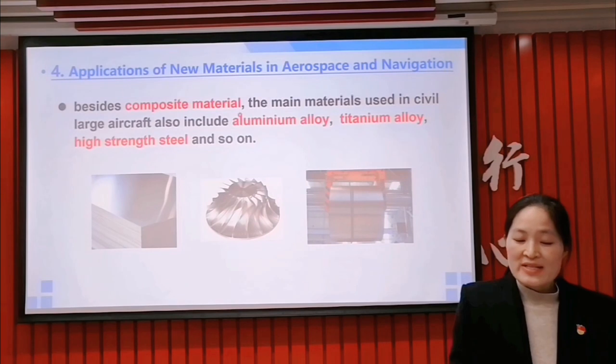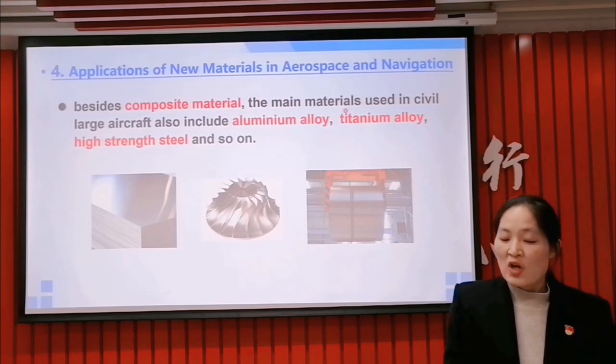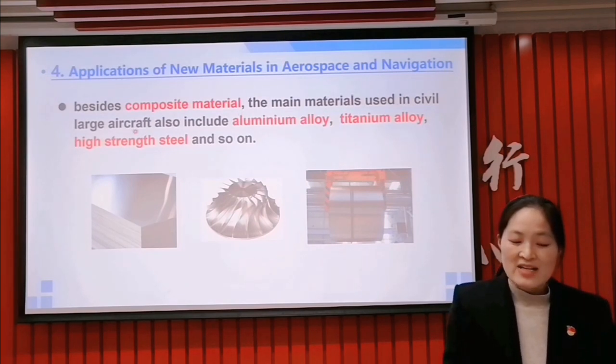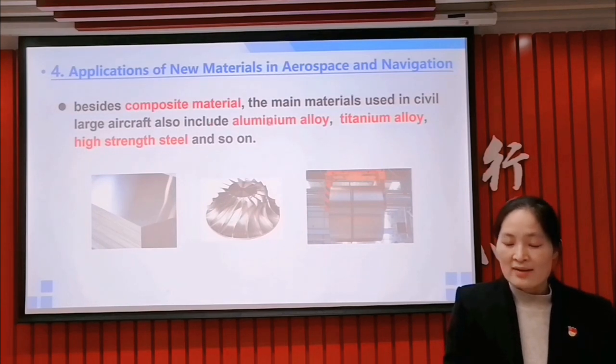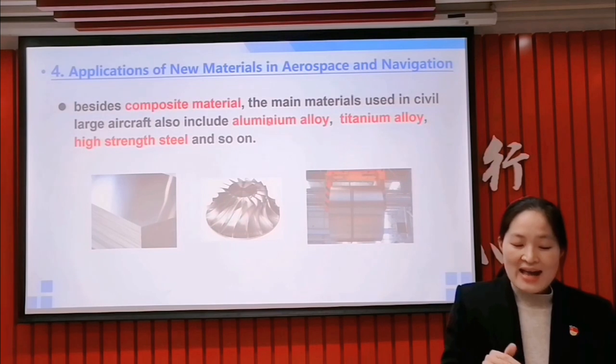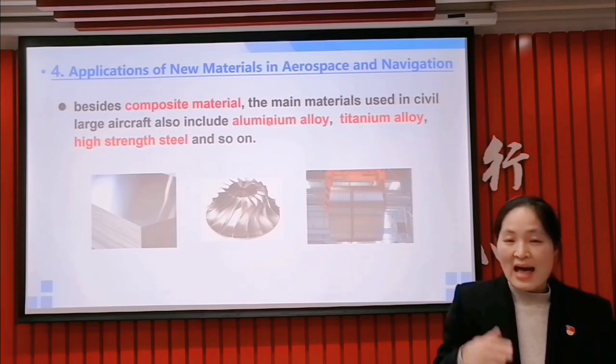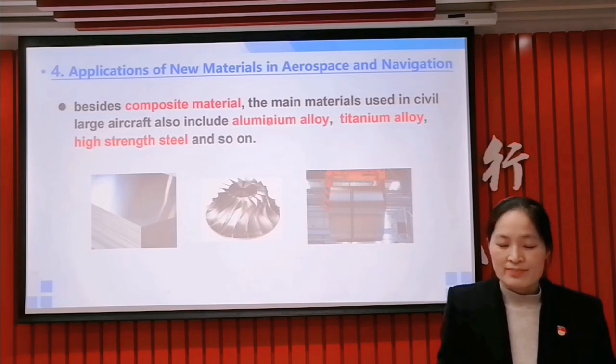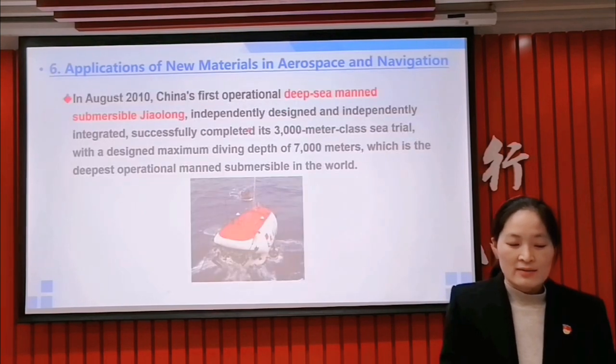Yet besides composite material, the main metals used in civil large aircraft also include aluminum alloy, titanium alloy, high-strength steel, and so on, as well as in navigation area.